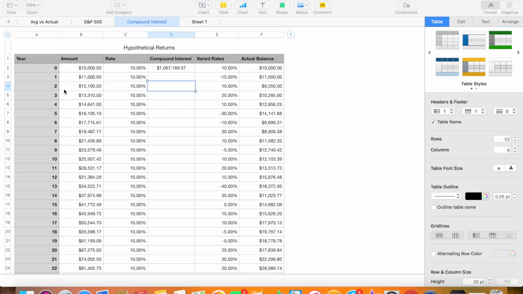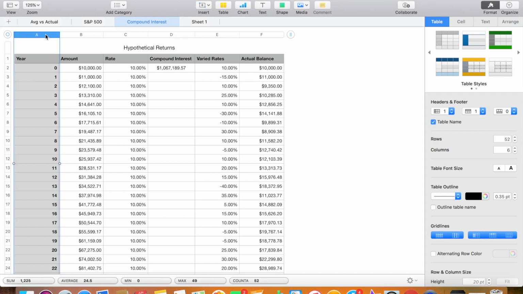So again, let me give you the layout. If you want to look ahead, whatever. But column A shows you the year, and column B shows you the amount. So again, we are starting off with $10,000. We're not looking over here at columns E and F yet, okay? We're looking at just this. And this is, like we saw before, the average return.